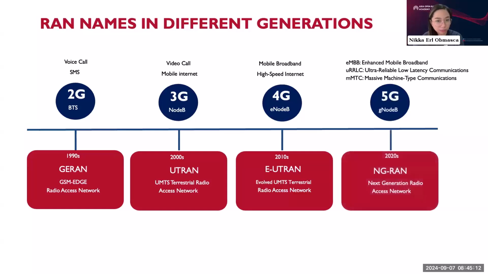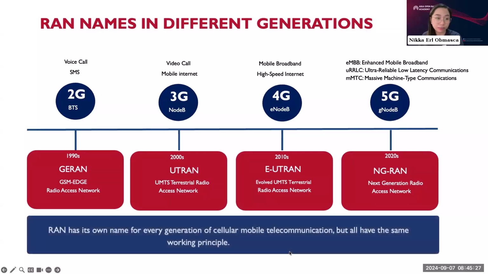And for 5G, which is our latest technology that's existing here in the Philippines, we call it the NGRAN or the Next Generation Radio Access Network. So these are the different names per generation of cellular mobile telecommunication.